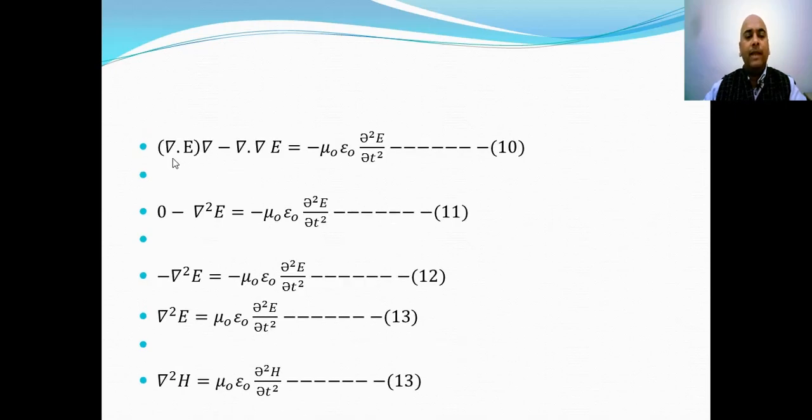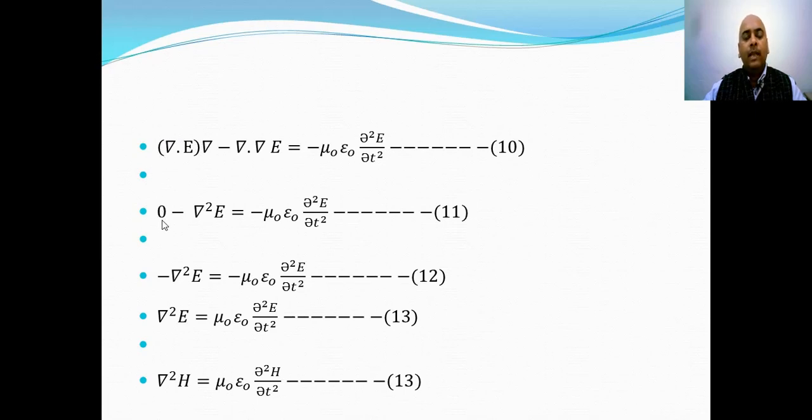So just expanding it, we obtain that del dot E of del minus del E is equal to epsilon naught mu naught ∂²E/∂t². We already know from the property of free space that del dot E is equal to 0.